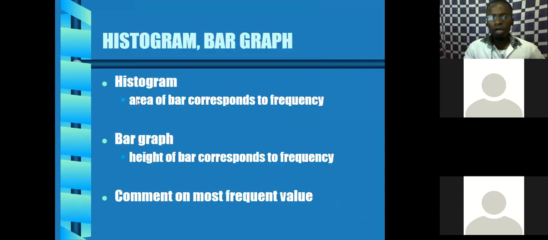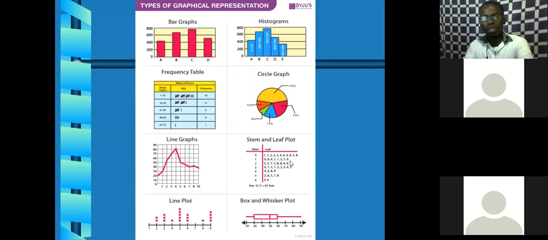Like I mentioned, we have the histogram, where the area of the bar corresponds to the frequency. Then the bar graph, the height of the bar corresponds to the frequency. Let me just give a recap there. For the bar graph, the height of the bar represents the frequency.